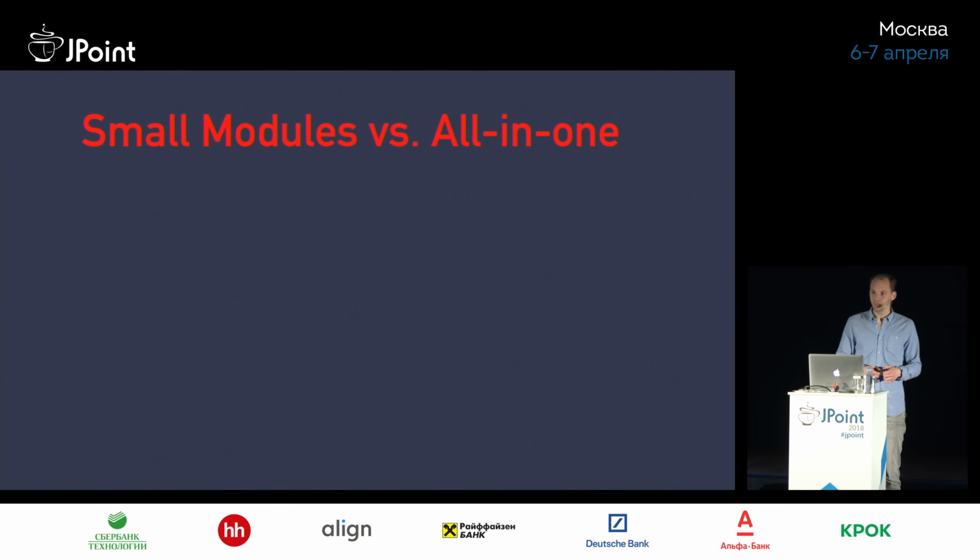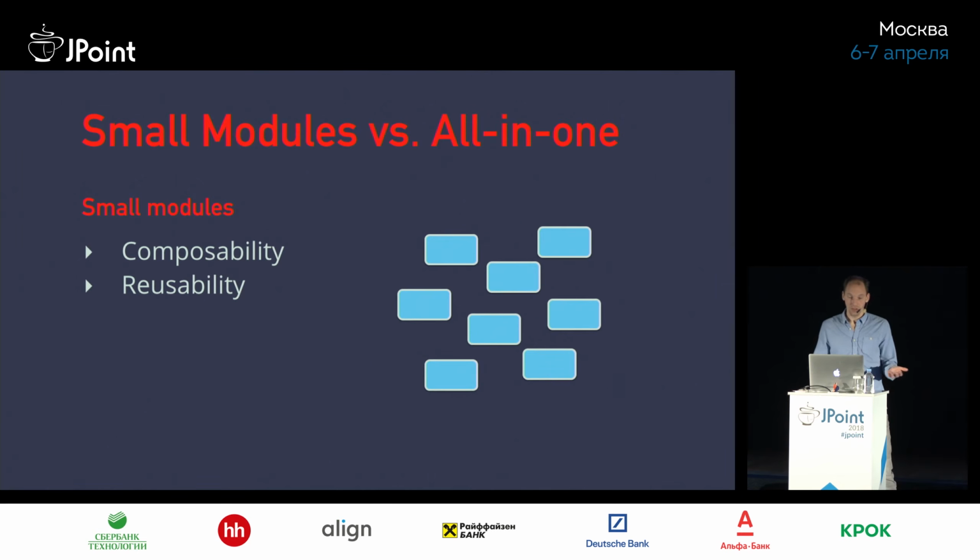Now, another question that often comes up when you start designing modular applications and modular libraries is the question of, should I create many small modules or a bigger one or a really big one? Because on the one hand, if you have many small modules, this makes your application or your library more composable, right?